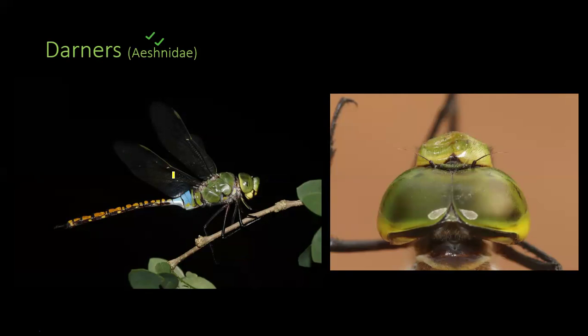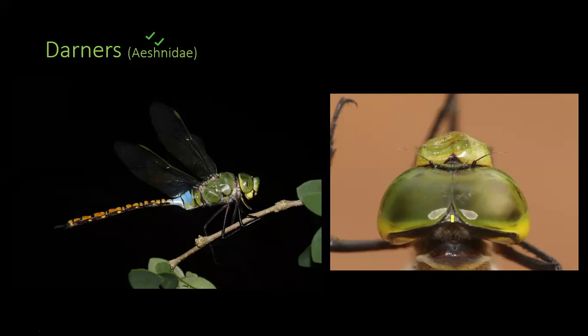character among this group is, now these are dragonflies. I mentioned that dragonflies have compound eyes that meet on top of their head, and in darners, the eyes touch each other along almost the entire length of the eye, from the front to the back of the head.